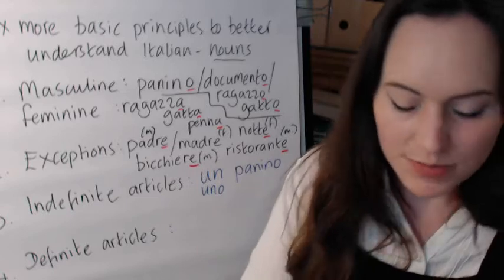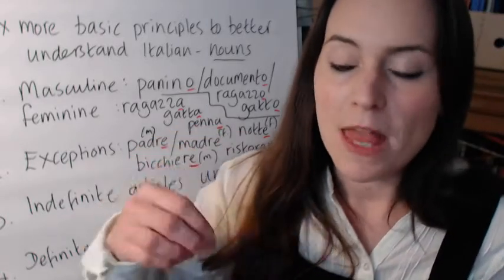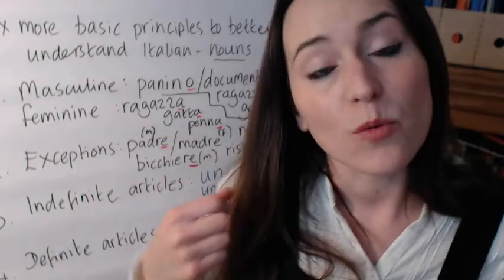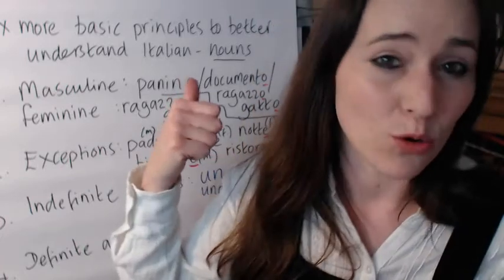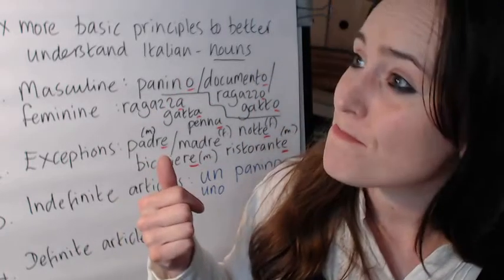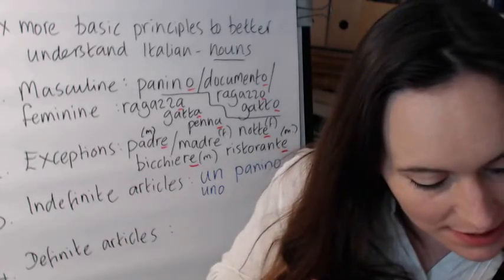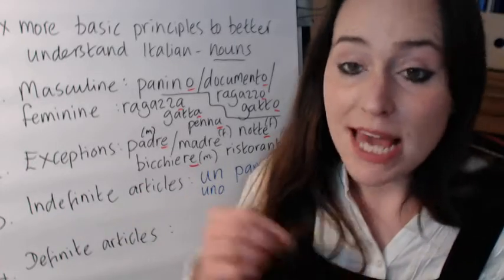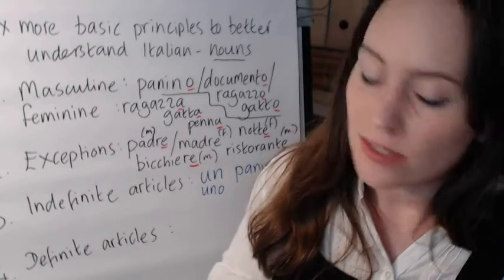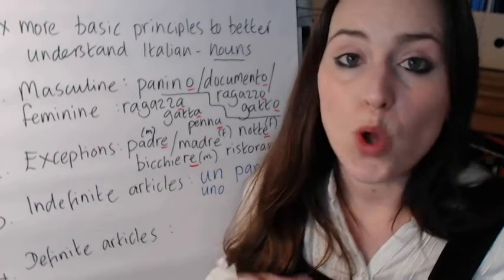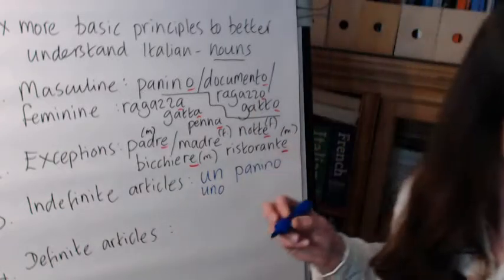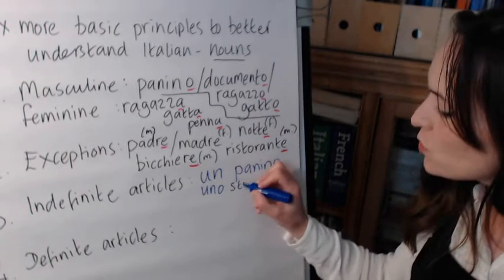Uno, however, comes in front of masculine nouns that start with either a Y or a Z or an S plus a consonant. Let me see if I missed anything. Oh, or with PS. Okay, so let's think of a few examples. Uno studente. That's a good one. Uno studente.